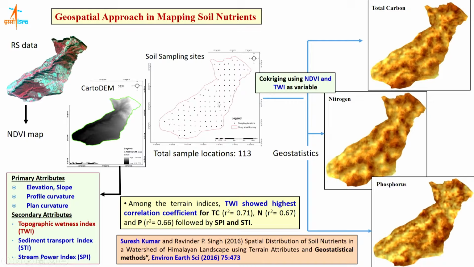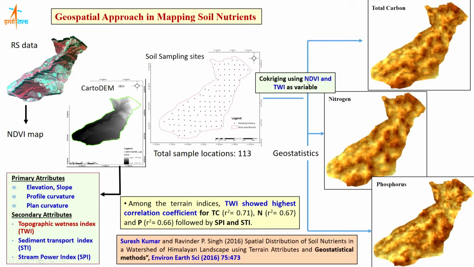I have taken regular grid soil samples of surface soil properties, for example nitrogen, phosphorus, potassium, analyzed in the soil labs, and these maps were integrated together based on geostatistical techniques, where I used the co-kriging technique and kriging methods.